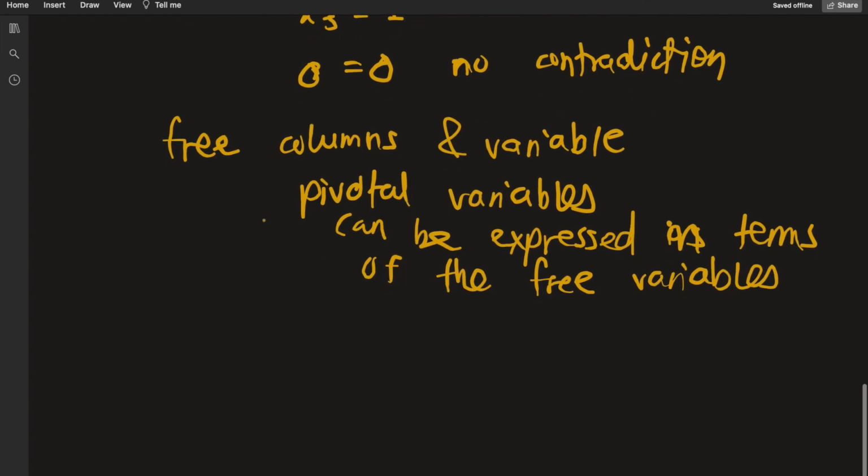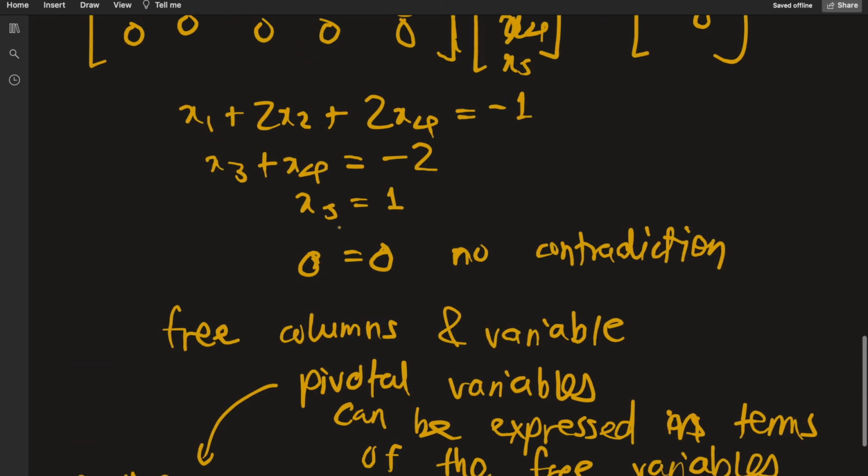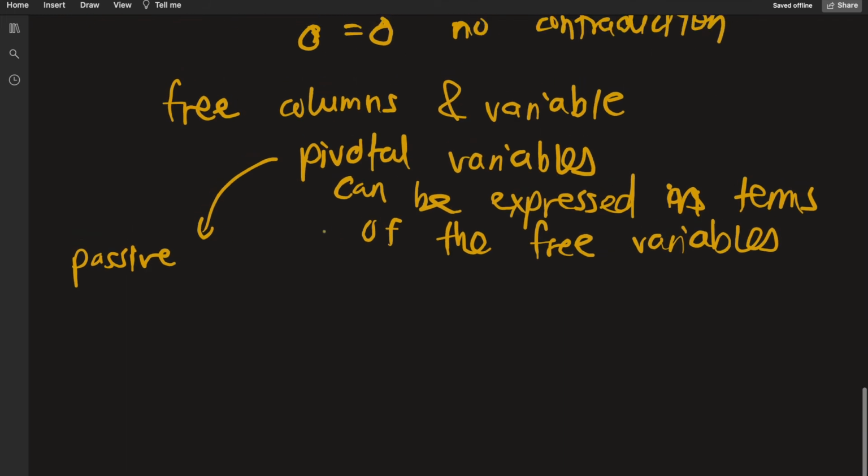The way I think about it, pivotal P for passive: the pivotal variables are the passive ones, while the free variables are basically the active ones.